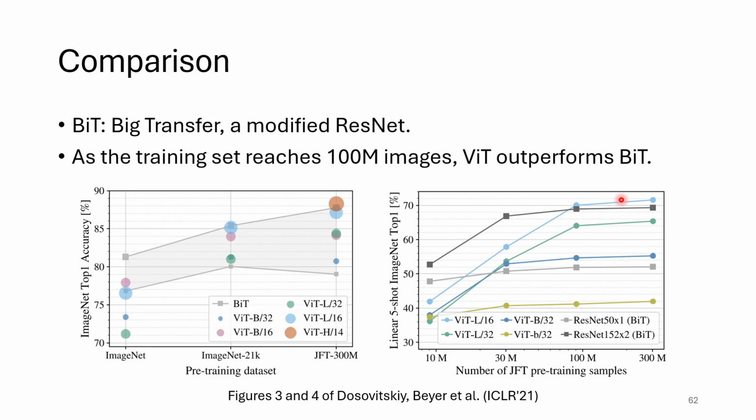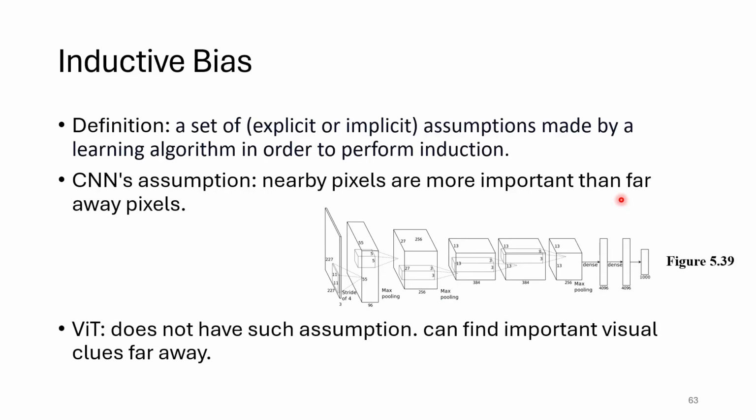Vision transformer is more powerful, but you need huge training images and huge computational resources. So why is vision transformer better in that scenario? Okay, the reason is the inductive bias.